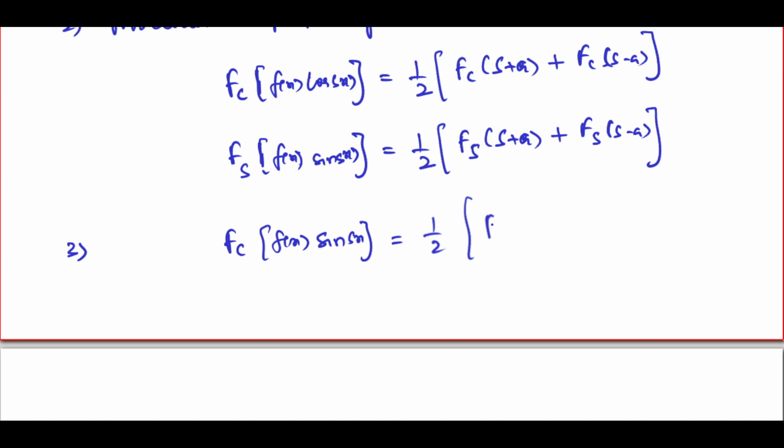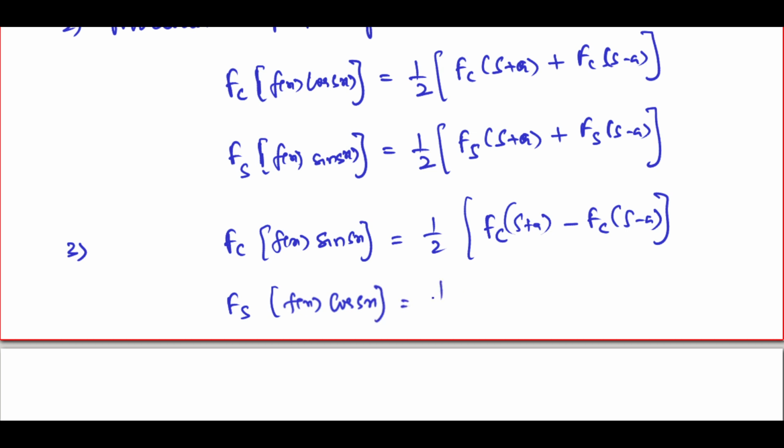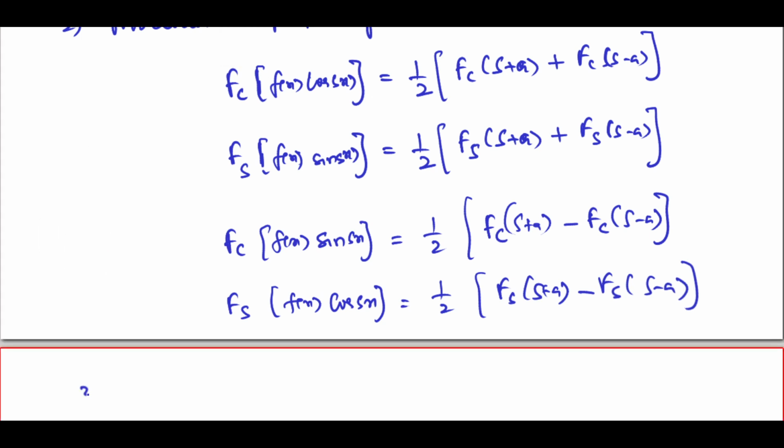So 1 by 2 times Fourier cosine of s minus a minus Fourier cosine of s plus a. So that's my Fc of f of x sine ax, and the other one is Fs of f of x into cos ax, which is 1 by 2 times Fs of s plus a minus Fs of s minus a. So that's it. That's the modulation properties. The third one.